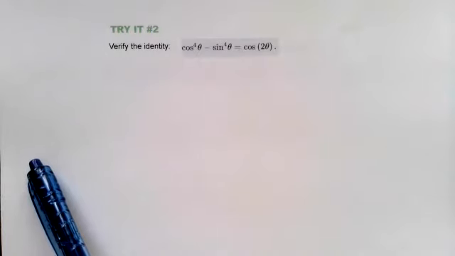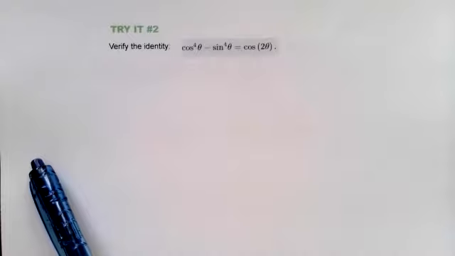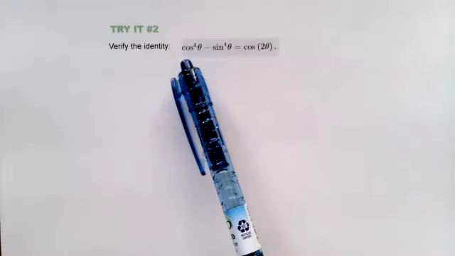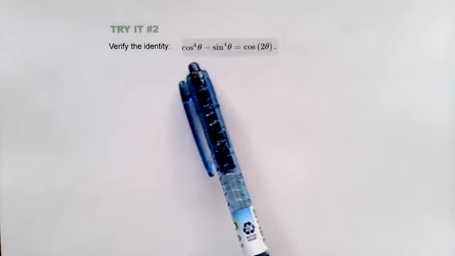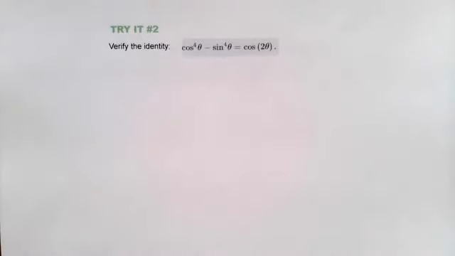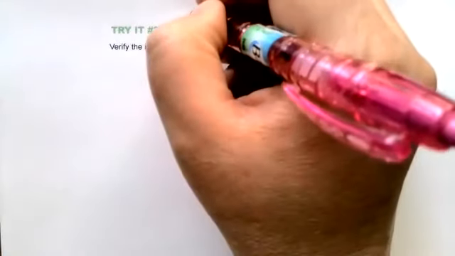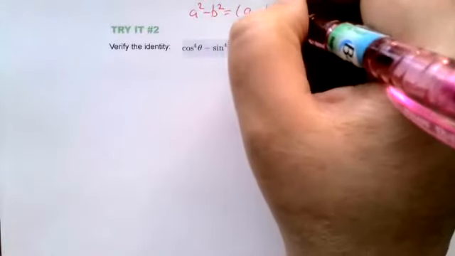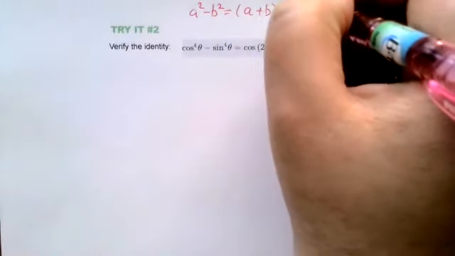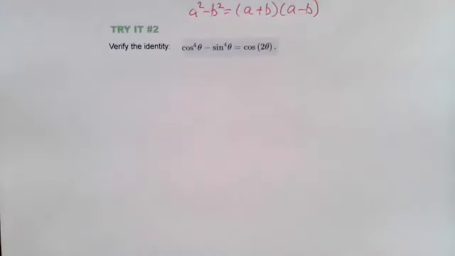But if you can't, then I recommend that you start with the left side first of all and apply the difference of squares identity, which is a squared minus b squared equals a plus b multiplied by a minus b. So that's your hint. Now you should be able to solve it. So pause this video and go for it.